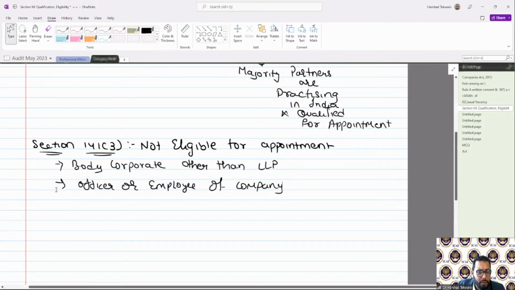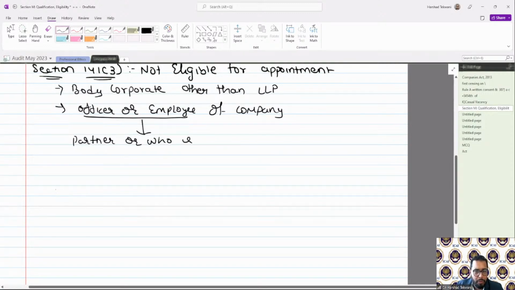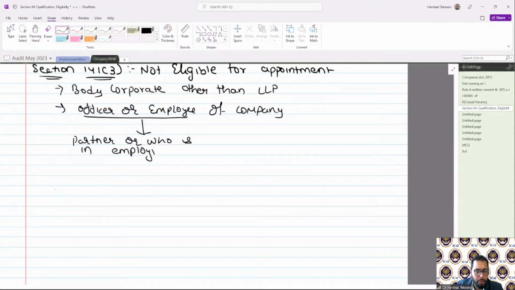So if he is either a partner of an officer or employee, or he is in employment of an officer or employee of the company, then he will not be eligible to be appointed.